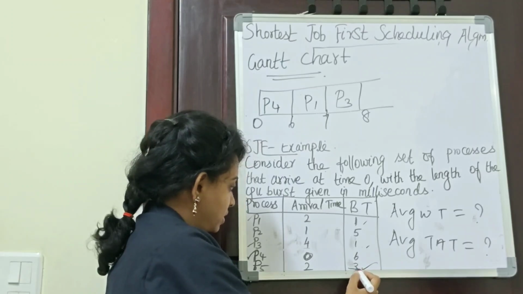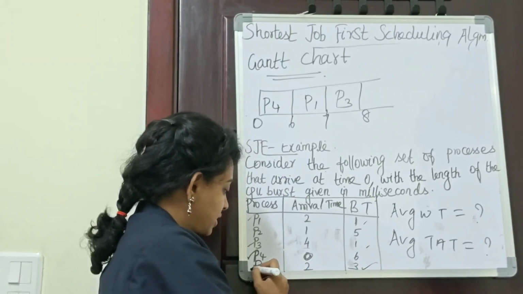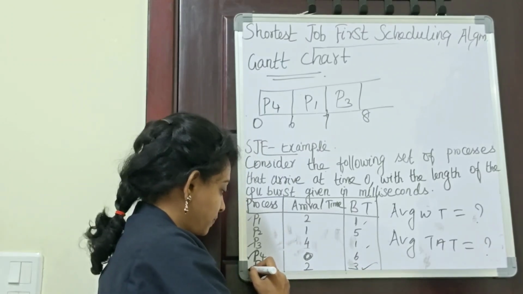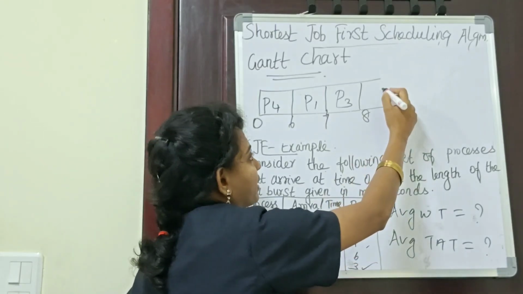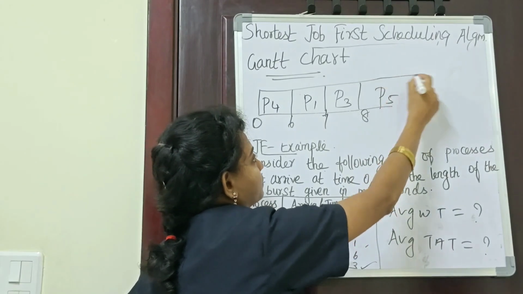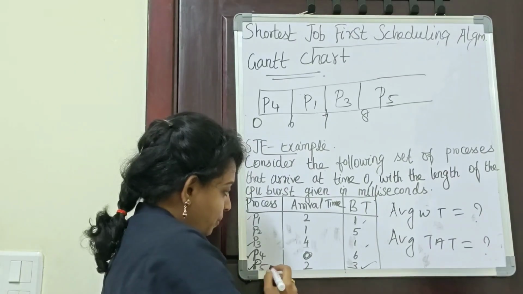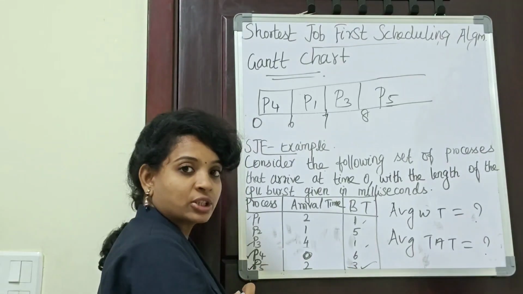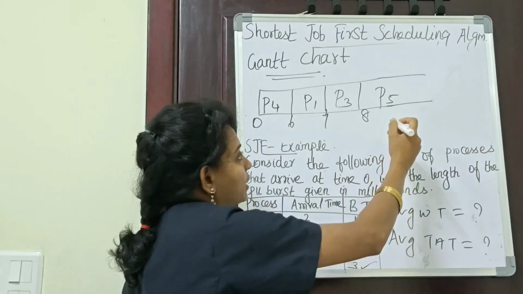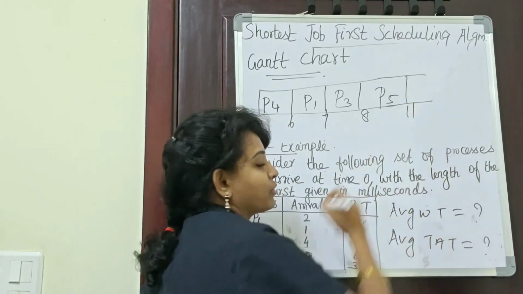That is the P5 process, so we write P5 here. How much time does P5 take for execution? 3. So 8 plus 3, 11. So you have to write here 11.